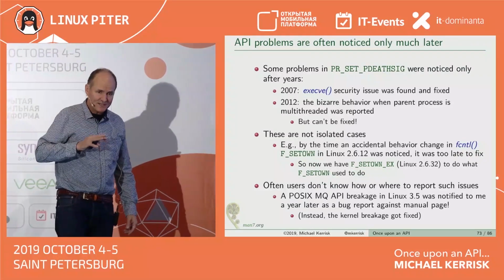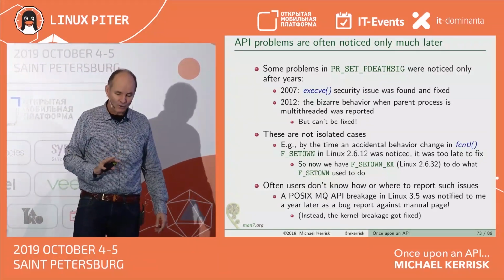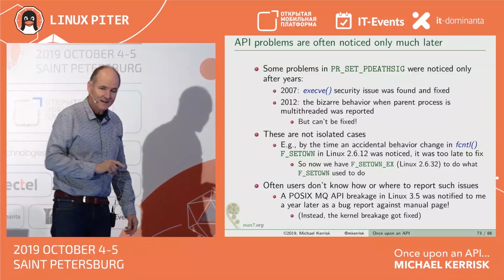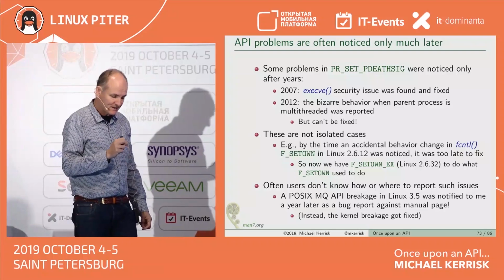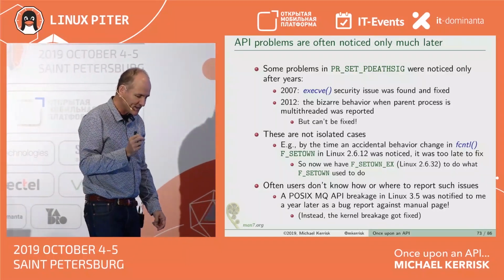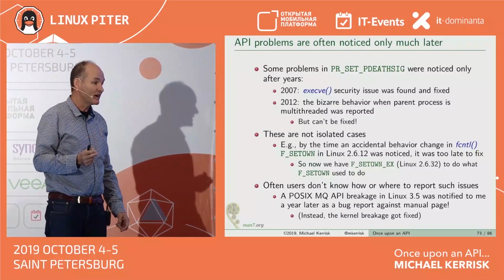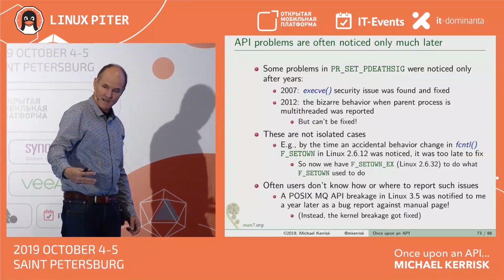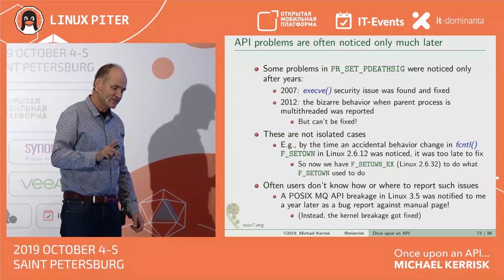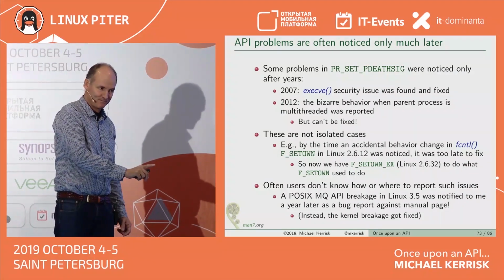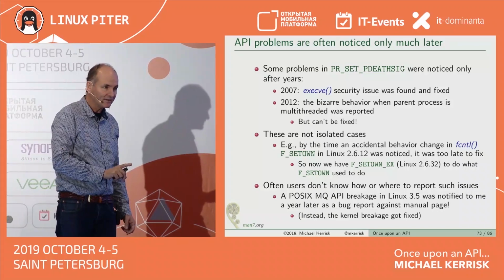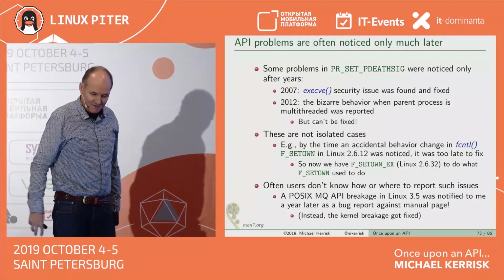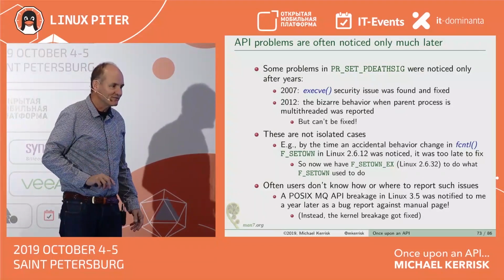Sometimes users simply don't even know how to report API issues. So a few years ago I had a bug report against a POSIX message queue API change that was reported to me as, oh, the manual page should be changed. But what had actually happened is that someone had accidentally broken a certain part of the POSIX message queue API, and the user at the end of all of this said, oh, the manual page is wrong.